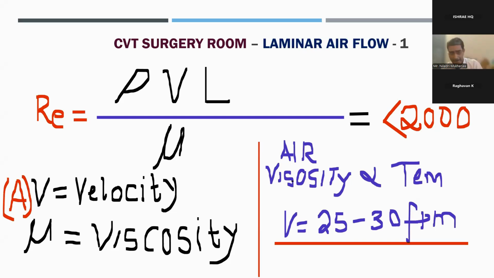So until and unless I have control of all these parameters: length is fixed, density is also the same, but velocity will change, and the major challenge will come with the velocity and the viscosity. Which velocity will be considered in the design, the one coming from the AHU to the duct, and finally the one entering that HEPA filter box?